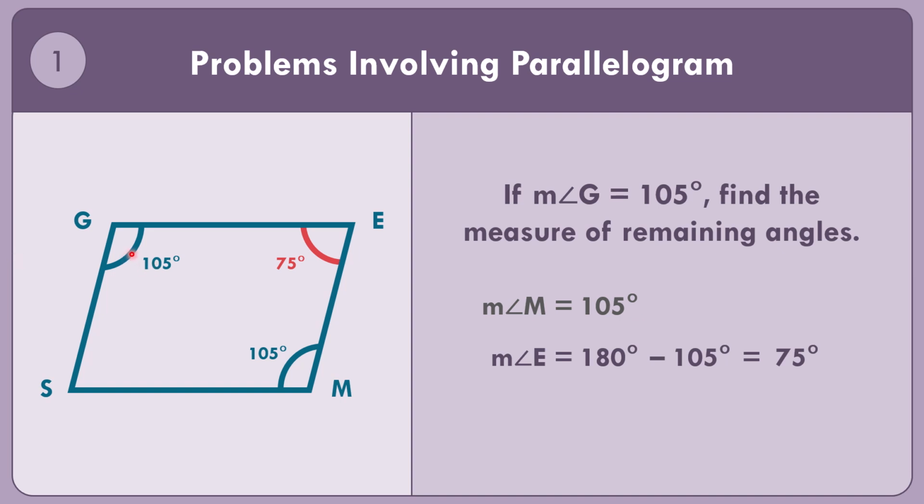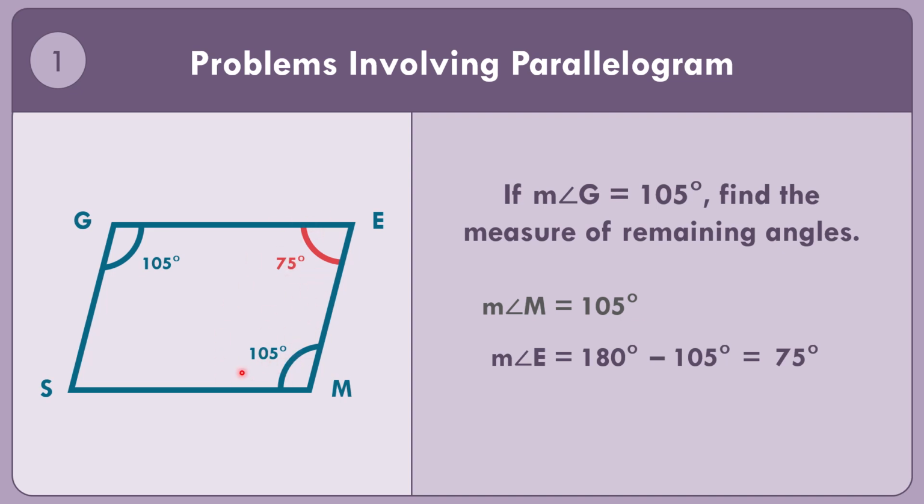If we add the two consecutive angles, 105 degrees plus 75 degrees, the answer is 180 degrees. If we also add angle E plus angle M, 75 degrees plus 105 degrees, it is equal to 180 degrees.